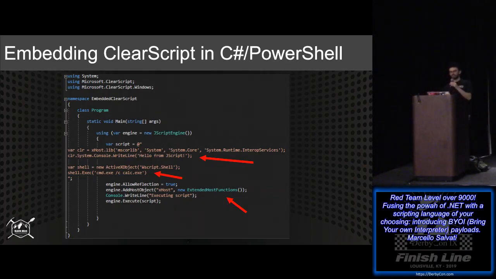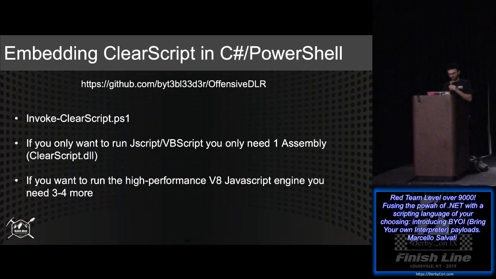So this is an example of embedding ClearScript within C# and PowerShell, and we're calling the ActiveX object wscript.shell and just executing calc, right? What I'm going to be demonstrating here is Invoke-ClearScript.ps1, and I'm using PowerShell because it's just easier than compiling stuff live, which is probably not a good idea. You can use VBScript if you want, and this embeds ClearScript within PowerShell.